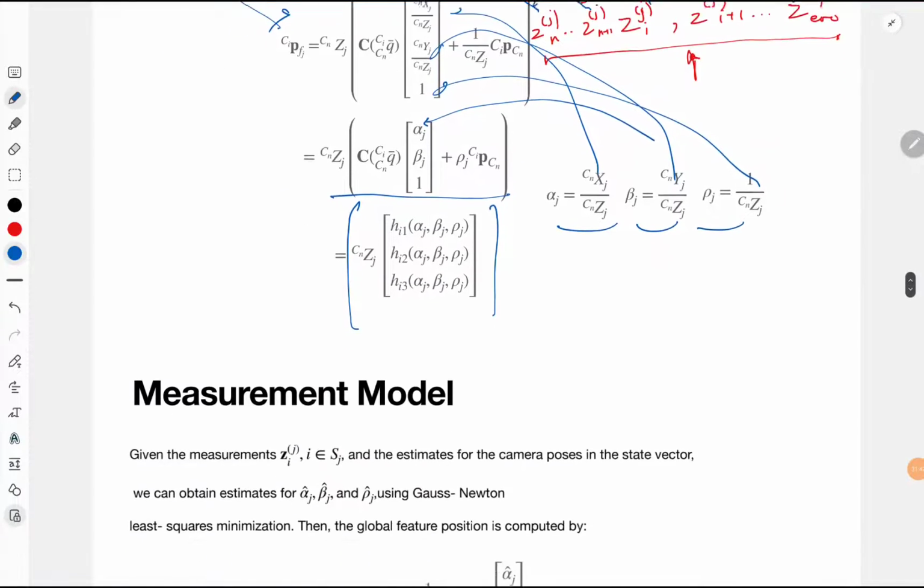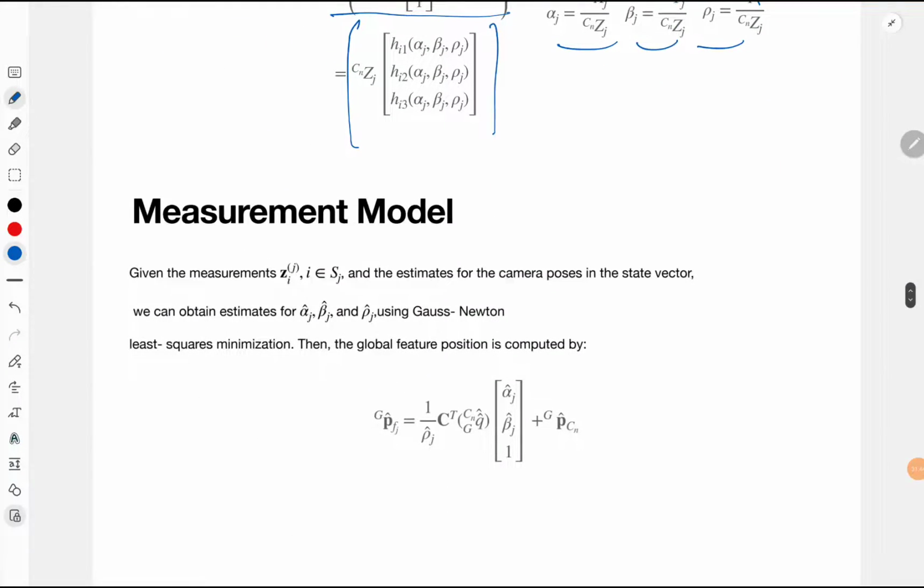Okay, so now given these measurements, the ones that we talked about, zjn, zjn plus 1, zjn plus 2, zji, zn. By n I mean the last frame in which the feature fj was observed.